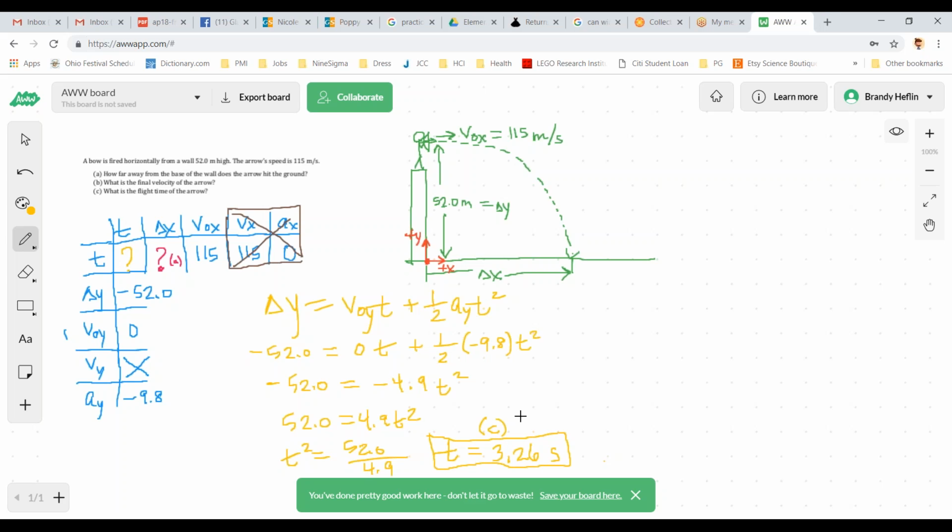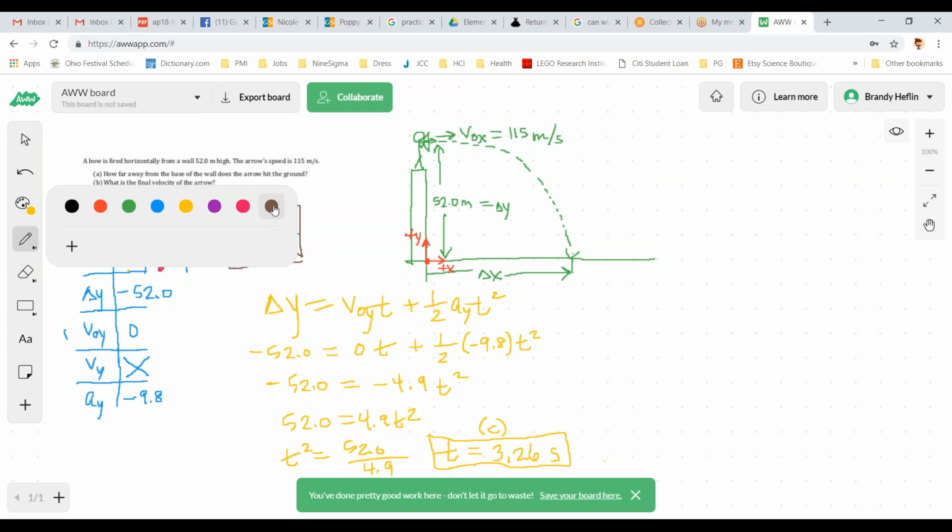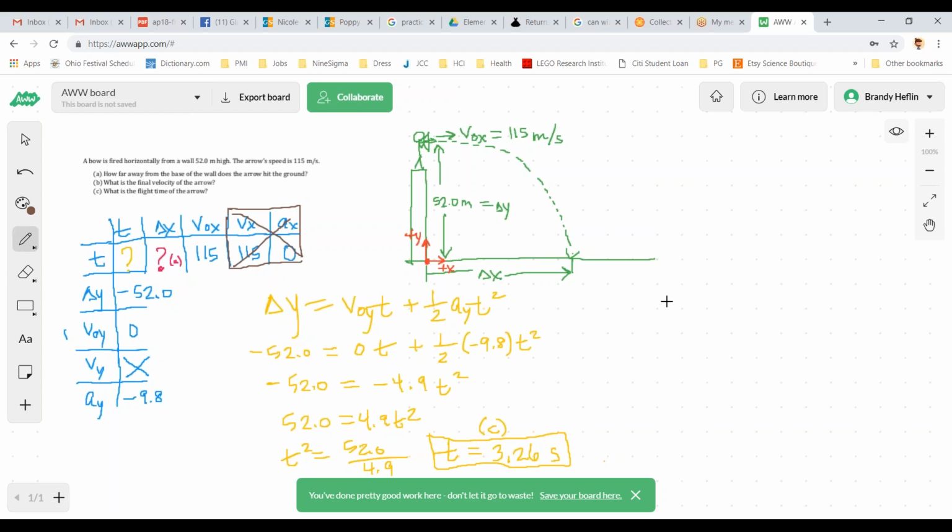So now that we have the time, we can go back to the horizontal direction, and we can pull out an equation for constant velocity, which is really just delta x equals v naught x times t. So let me grab a new color for that.